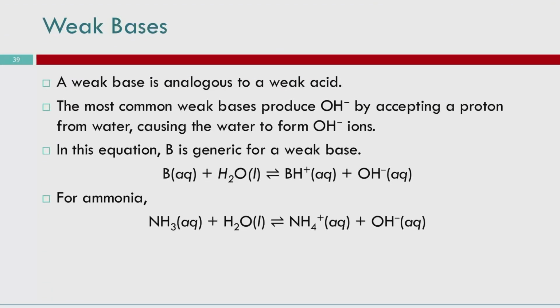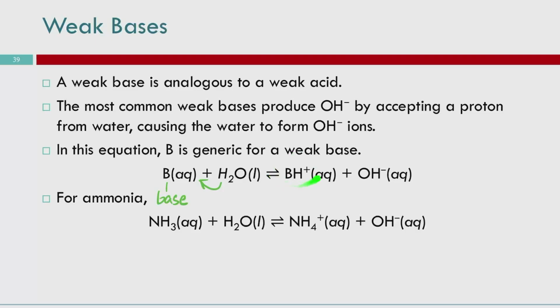Weak bases are like weak acids in that they do not dissociate completely. The most common weak bases make hydroxide by accepting a proton from water. So for example, in this generic equation, B is just standing in for weak base. It's going to take one of these hydrogens from water.